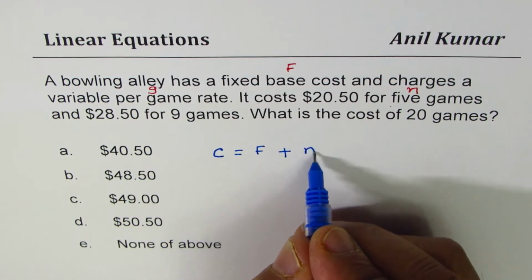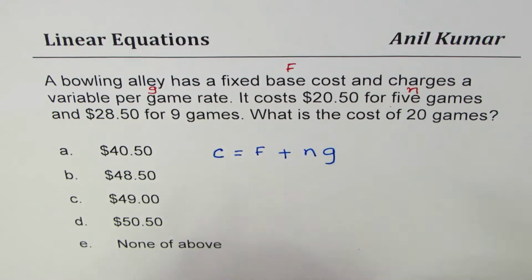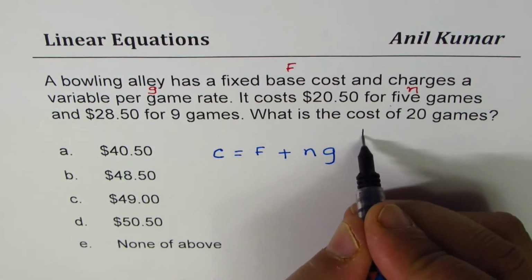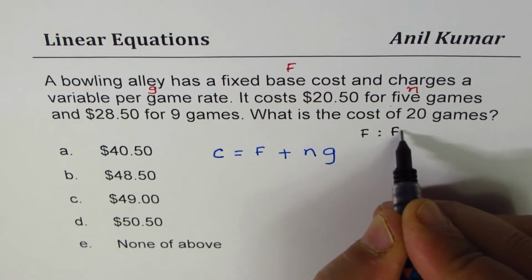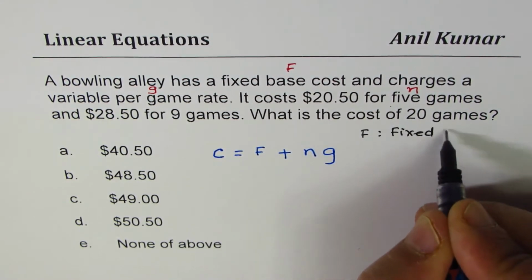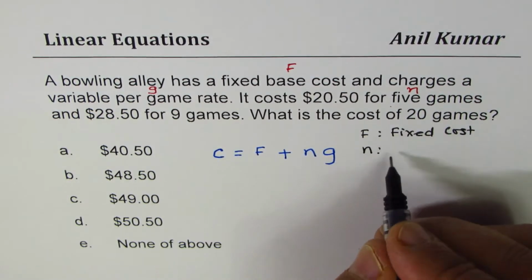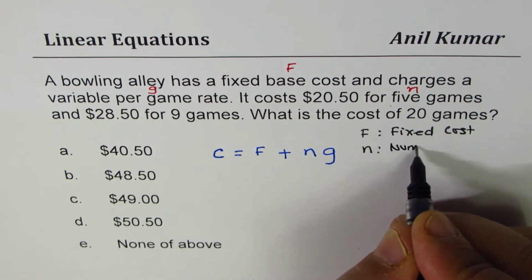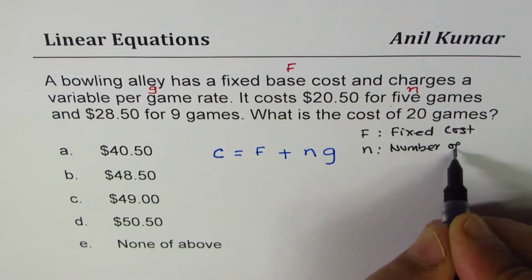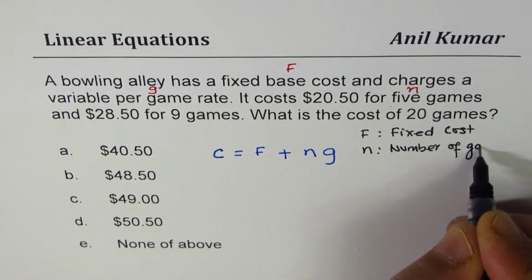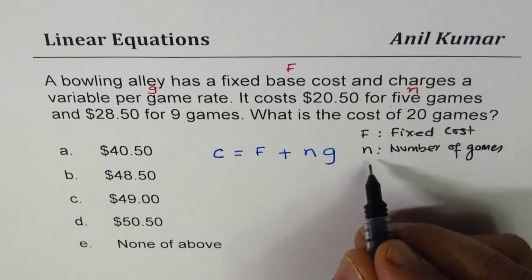So n times g, where f is fixed cost, n is number of games, so if you play 1 game, n is 1.